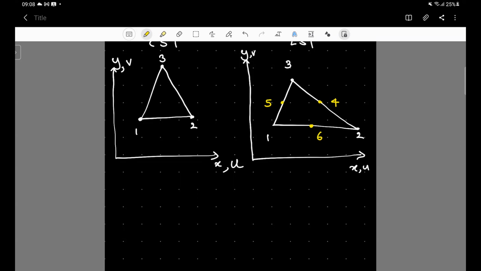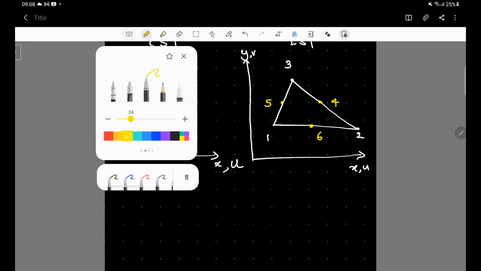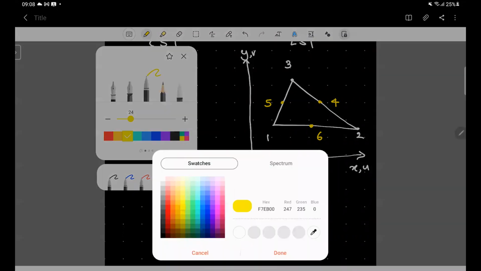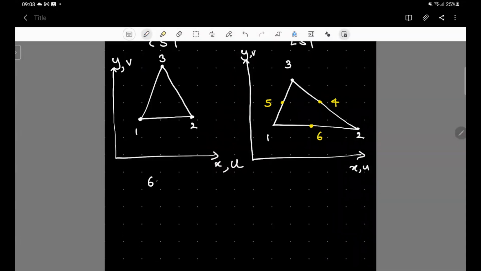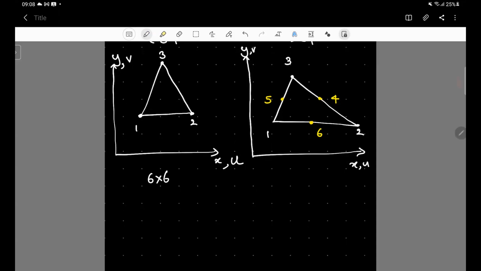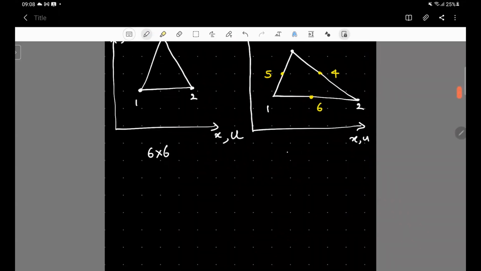So what can you think about the stiffness matrix of this LST element? The stiffness matrices applied when we talk about LST elements drastically increase in size. From the 6 by 6 matrix which was present for the CST elements, we now move on to a matrix of size 12 by 12.